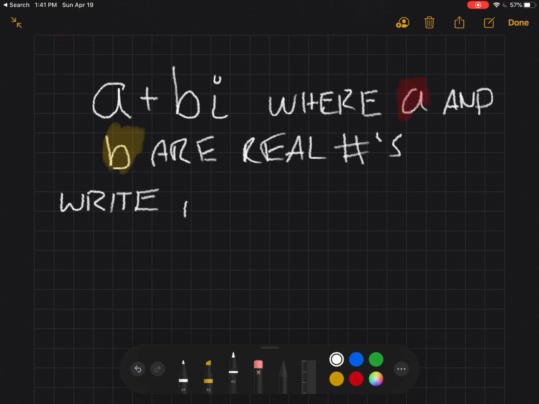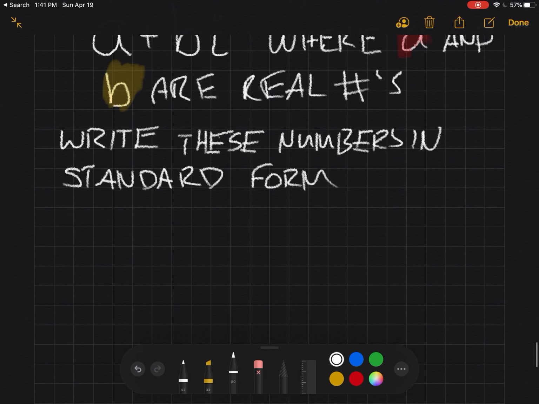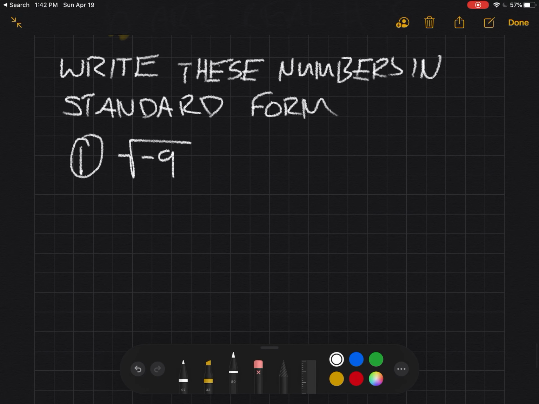And I'm going to give you a couple of examples of how to write some imaginary numbers. So let's write these numbers in what we call standard form.